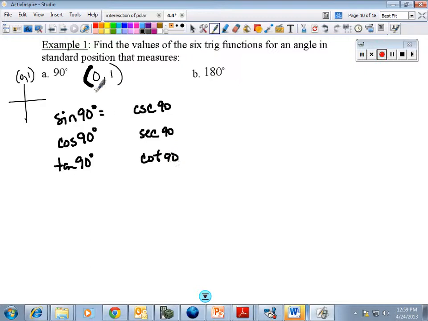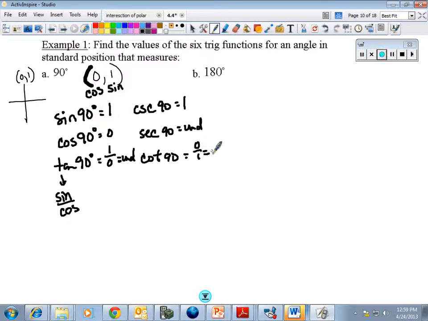Okay, and remember it's cosine, comma, sine. So sine is 1, cosine is 0. Tan, if you remember, is sine over cosine. So it's 1 over 0, which is undefined. And these you just flip them. 1 over 1 is 1. 1 over 0 is undefined. If you flip this over, you get 0 over 1, which is 0.